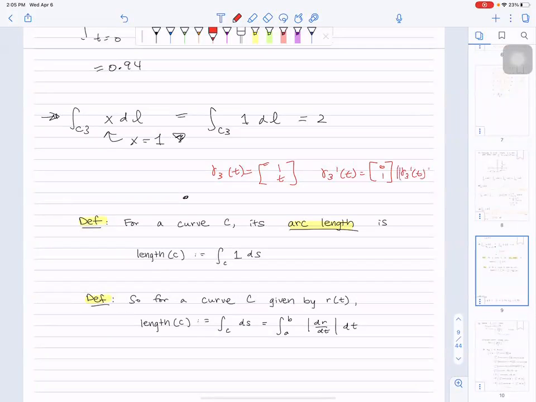The length of it is still 1, and so you end up with the integral from t equals 0 to 2 of 1 times 1 dt, or the integral of 2 dt, which will still give you 2. Wait, sorry, this is 1. So this is t from 0 to 2, or 2.